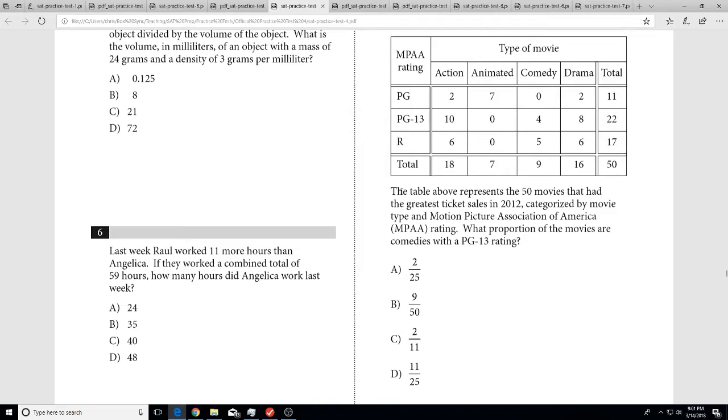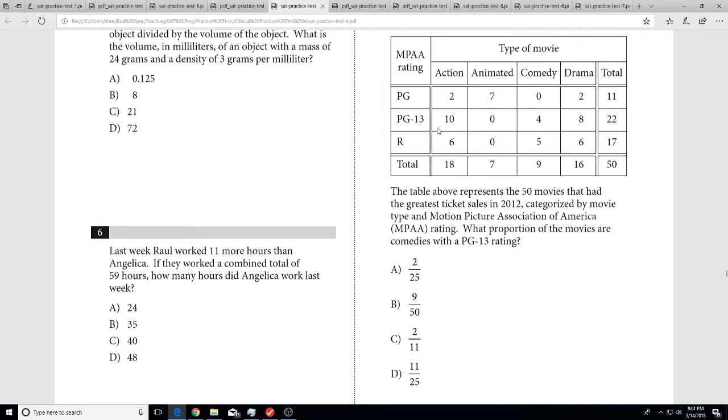Alright, so it says the table above represents the 50 movies that had the greatest ticket sales in 2012, categorized by movie type and Motion Picture Association of America, MPAA, rating. Okay, who cares what the Motion Picture Association of America stands for and what they do? Whatever. What proportion of the movies are comedies with a PG-13 rating?